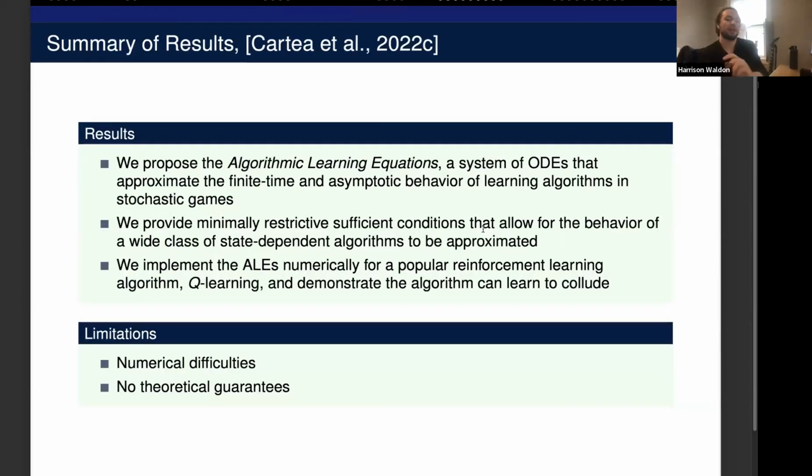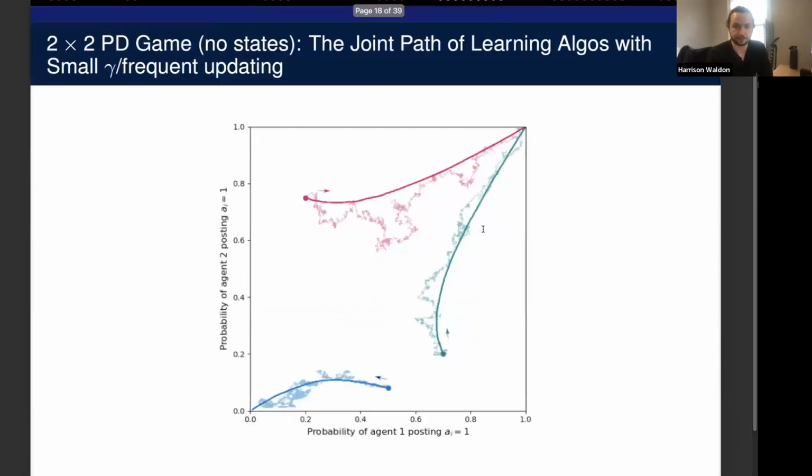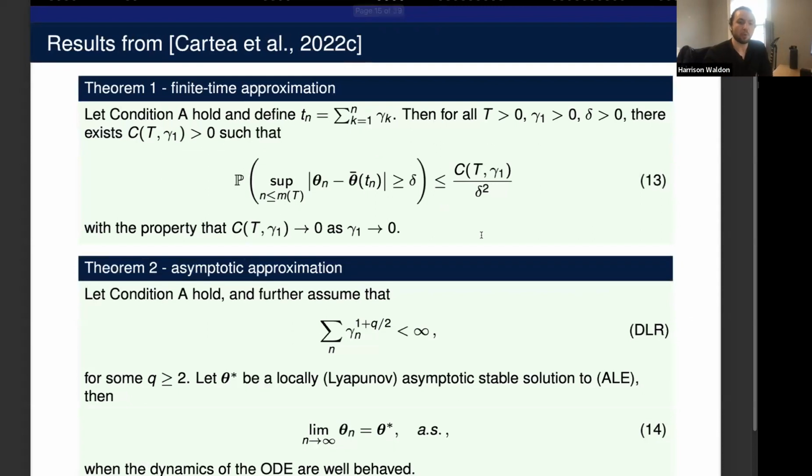We also don't have theoretical guarantees. To guarantee that the asymptotic behavior of the equations approximates the asymptotic behavior of the algorithm, we need to show that the dynamics of the ODE are well behaved, and this amounts to showing existence of a Lyapunov function.